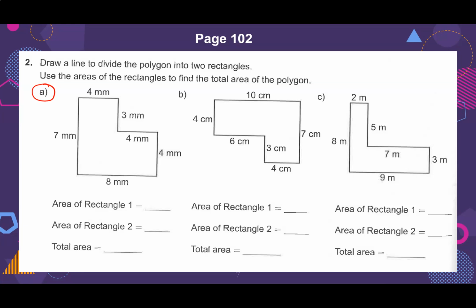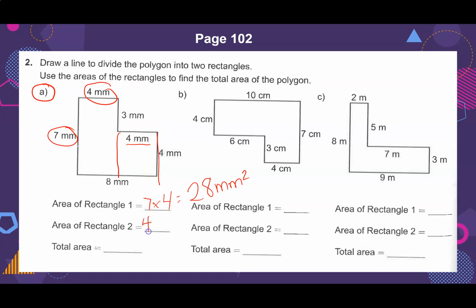I am going to divide this shape like this. So we can see that one rectangle has a length of 7 and a width of 4. So the area of that rectangle is 7 times 4 is 28 millimeters squared. Our second rectangle, we can see, has a width of 4 and a length of 4.